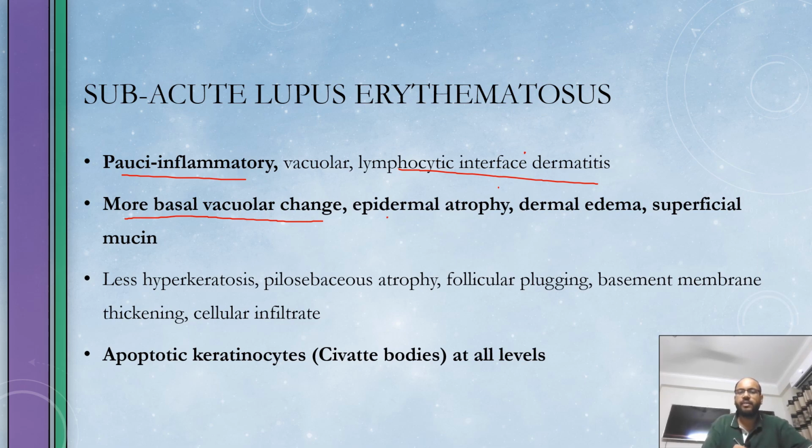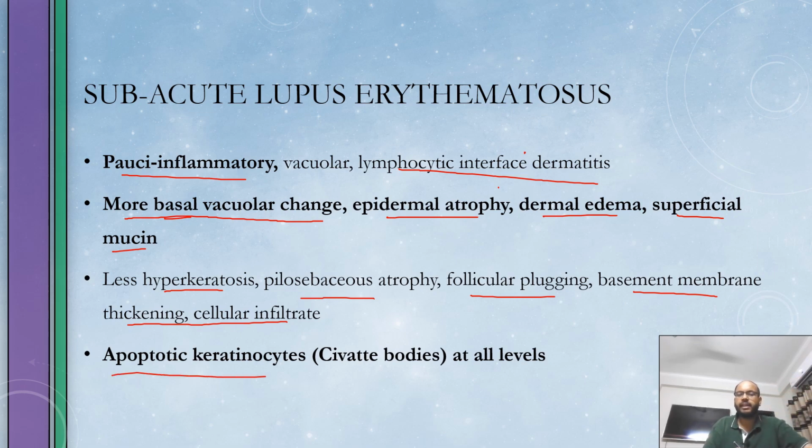Okay. You have epidermal atrophy, dermal edema with superficial mucin. There is less hyperkeratosis, pilosebaceous atrophy, follicular plugging, basement membrane thickening, and cellular infiltrate. That means the destruction is somewhat lesser.